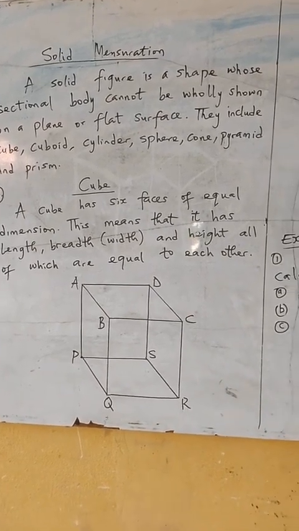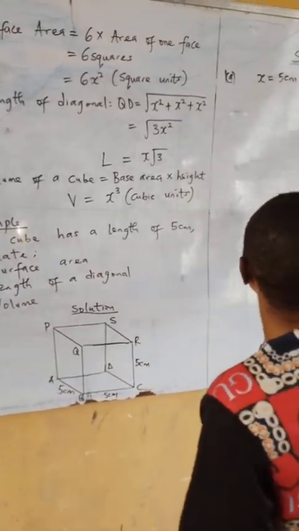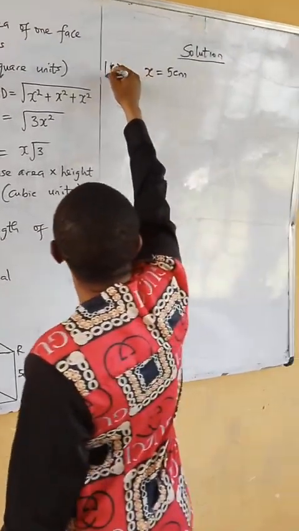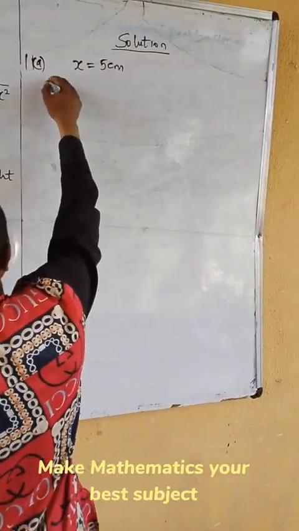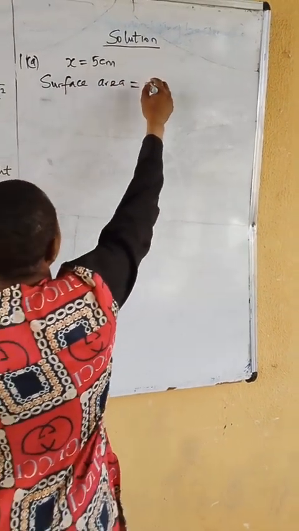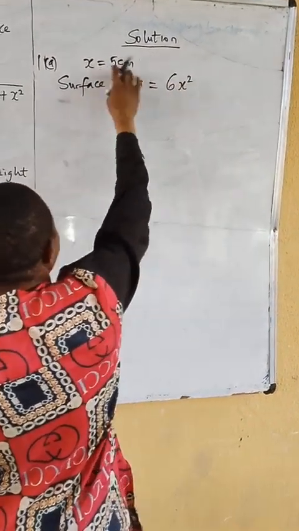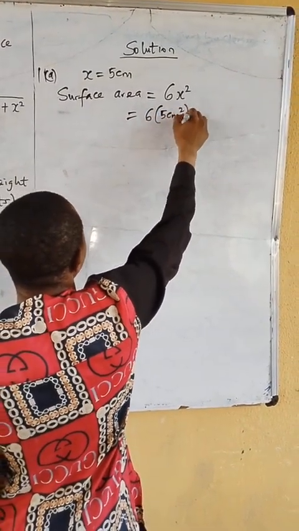So let's solve this question. A cube has a length of 5 cm. That means s is equal to 5 cm. 1a, calculate the surface area. The surface area is equal to 6s squared. And our s here is 5 cm, so we are going to have 6 into 5 cm squared.